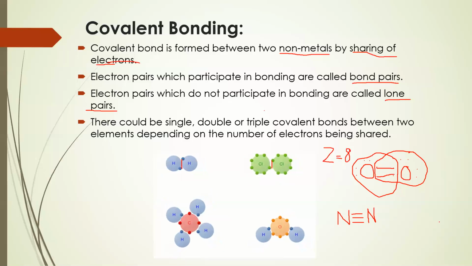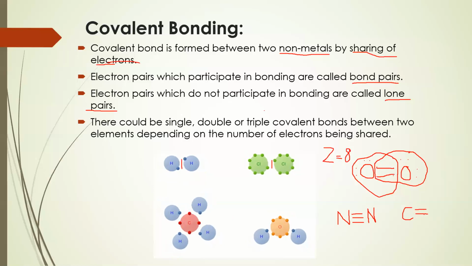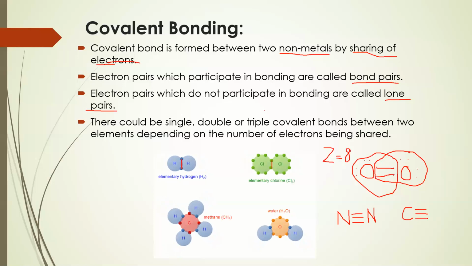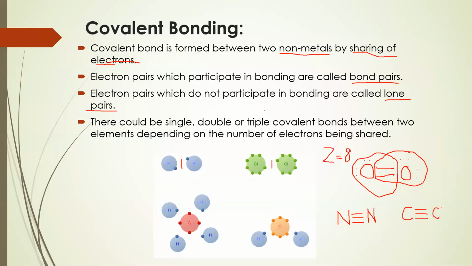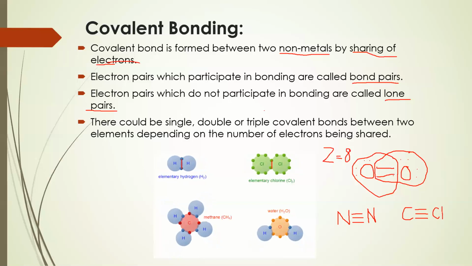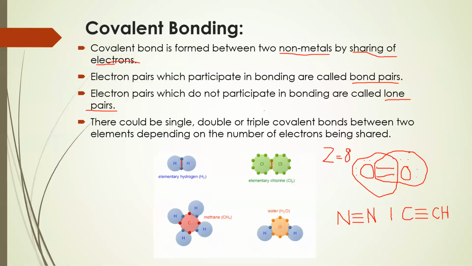Again, we can have an example of a triple bond, that is C2H2, where we show the triple covalent bond. So I hope the covalent bonding is clear to you.